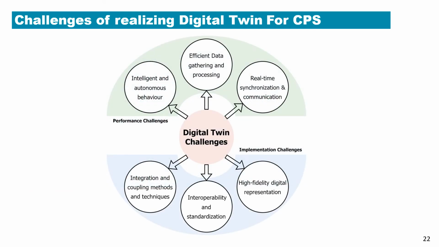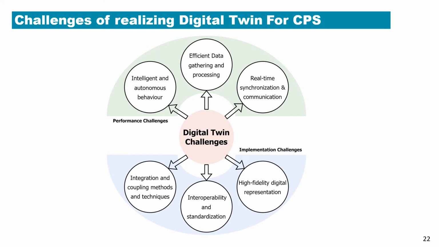In this figure, we try to categorize challenges into two categories. The first one is the performance challenges, where we have the challenge of having intelligent and autonomous behavior, achieving efficient data gathering and processing, and having real-time synchronization and communication between physical and digital assets.